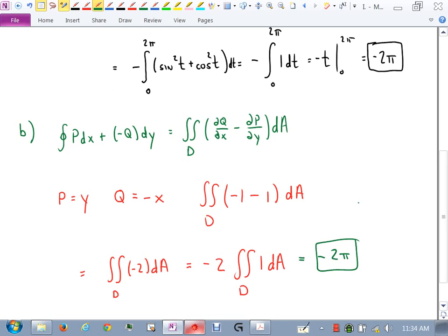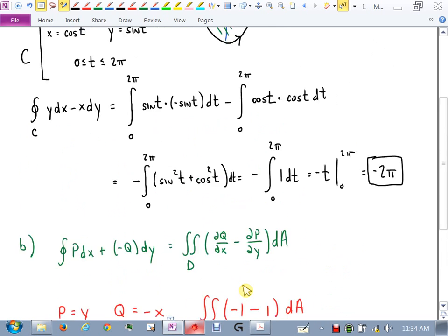So which one do you think was easier? Probably Green's theorem, right? Once you establish what P and Q are, this integral became very nice because you didn't actually have to compute an integral. Now, how would you have computed that had that not turned out to be 1? You would have had to find some representation of D as a double integral.